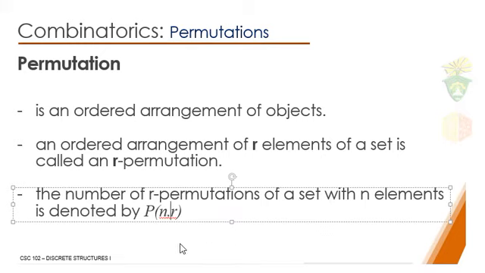Anyway, so P(n, r), or nPr, permutes n taken r at a time. N, in that case, is the total number of elements, and R is the total number of elements that you will have to take from N. So how many will you take out of N? R is how many characters out of N you will rearrange.